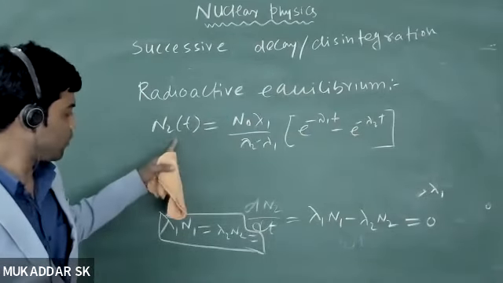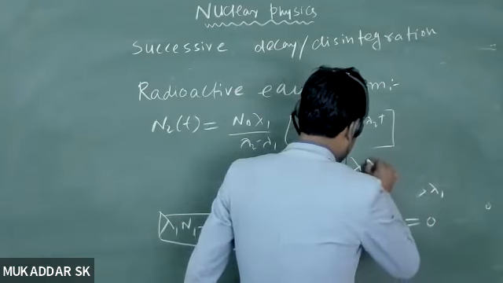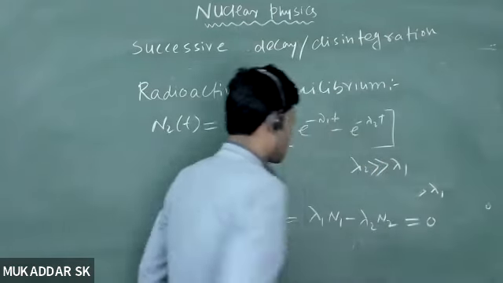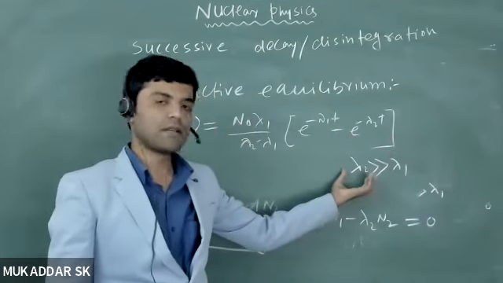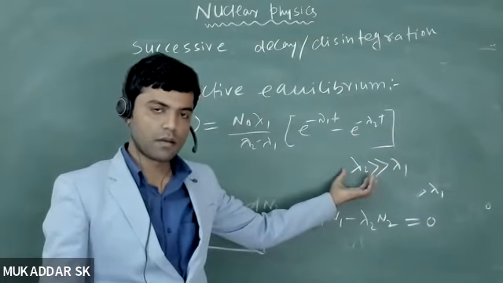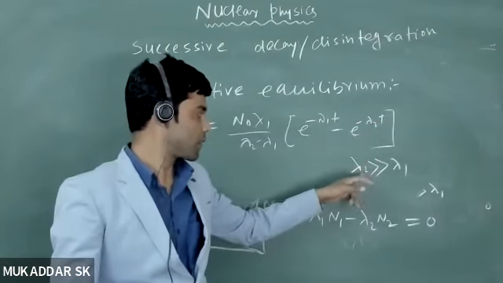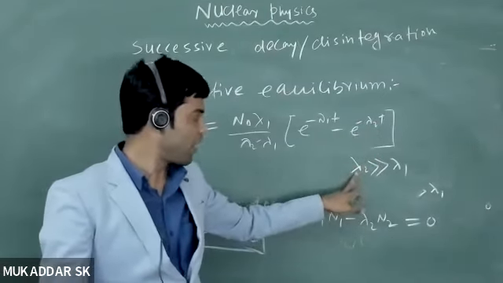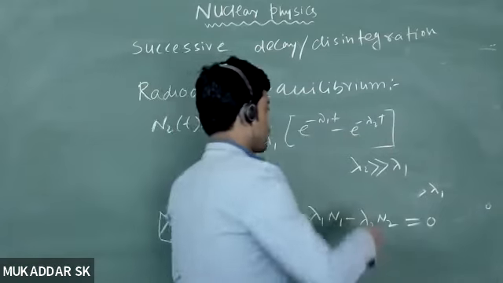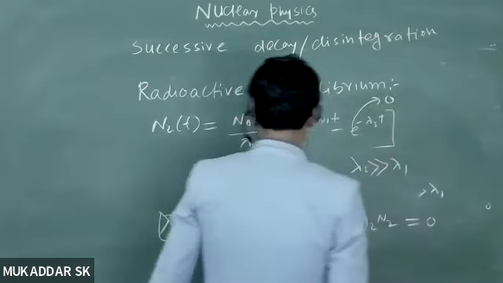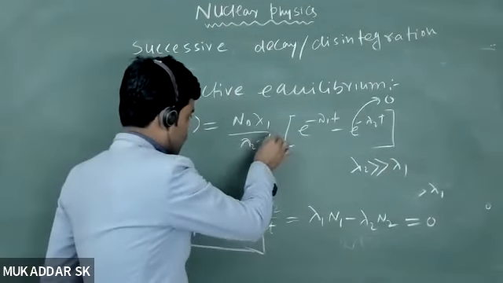अब इस एक्सप्रेशन में देखो, अगर lambda 2 is much greater than lambda 1 है, so I can ignore this term। It means lambda 2 is having very high value and you have exponential decay, so I can ignore this term, or I can write that this term tends to 0, and also here this lambda 1 will be ignorable.